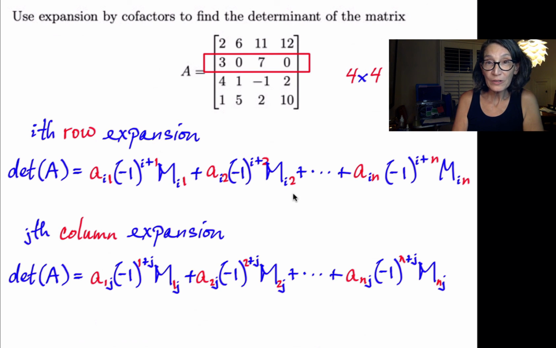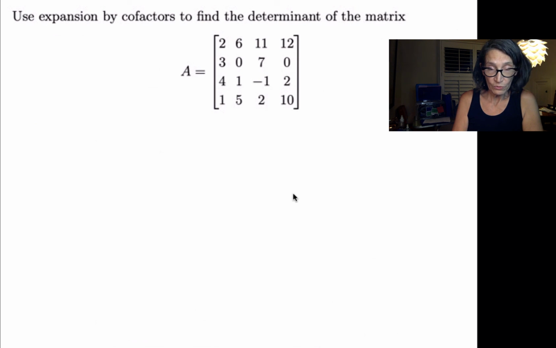So that's always a good tip: look for the row or the column that has as many zeros as possible. This means that my sum is really only going to have 2 terms in it, because 2 of the terms are going to have a factor of 0. It'll simplify our work. So let's expand along row 2.